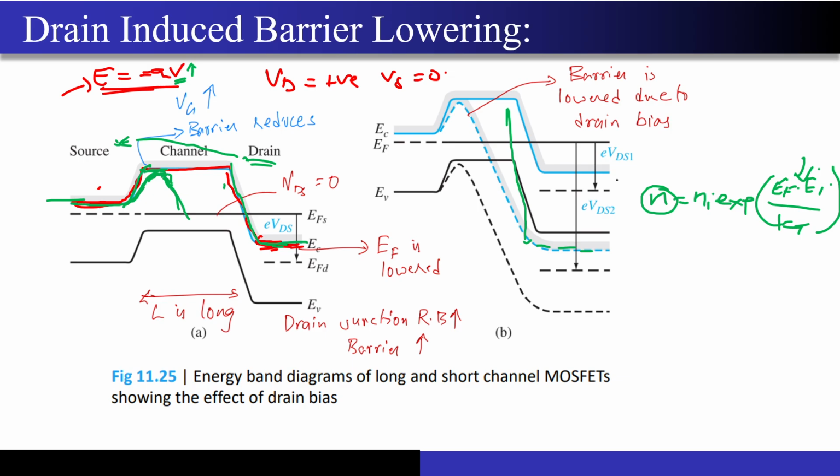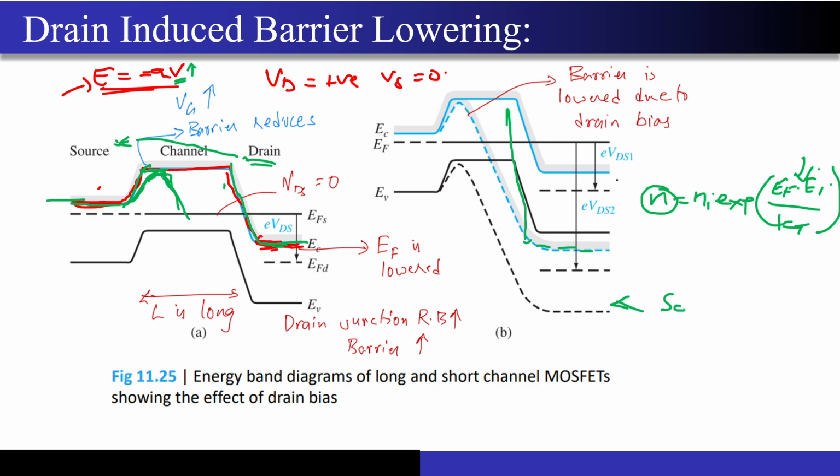Now one more question to you. What do you think, is this effect good or bad? If I am getting an increased current, is this a good effect or a bad effect? I'll just give you one hint.